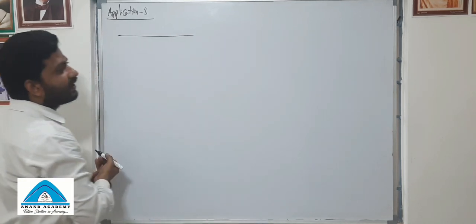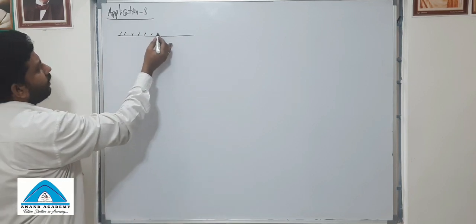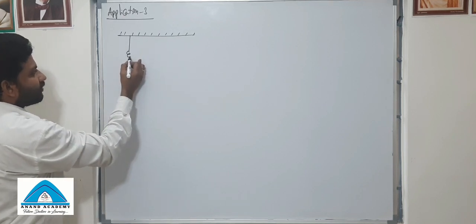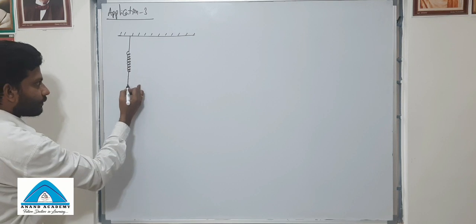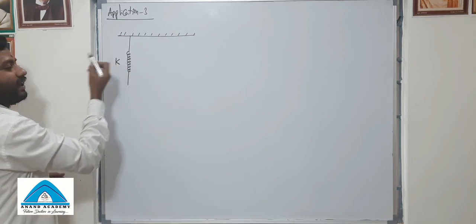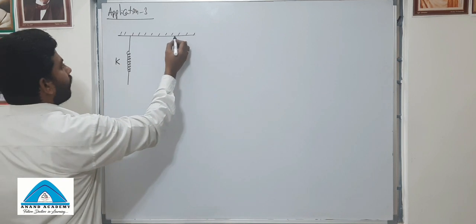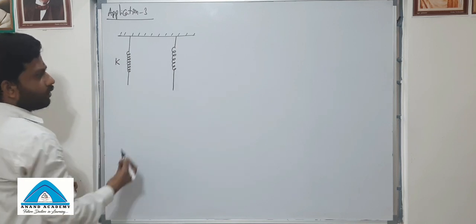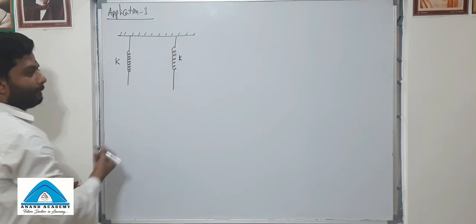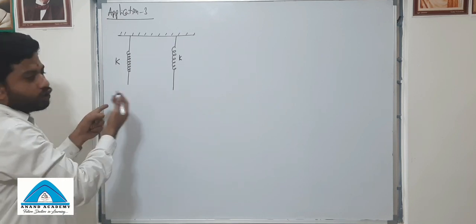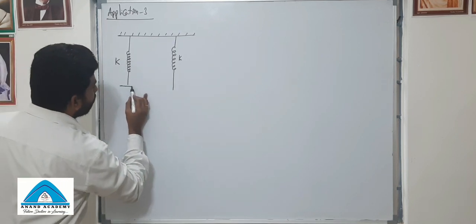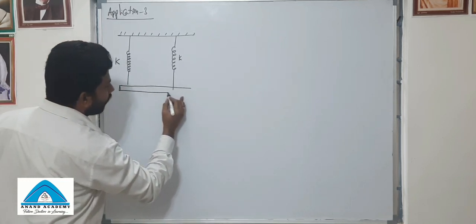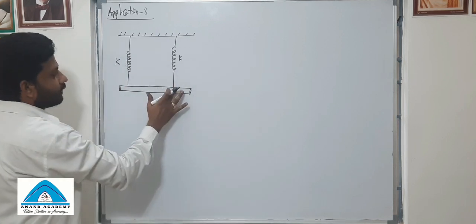Here, there is a rigid support. With this rigid support, there are 2 springs attached. Each spring constant is K. There is another spring also attached here, whose spring constant is also K. For these 2 springs, there is a rod which is connected in this way, right?